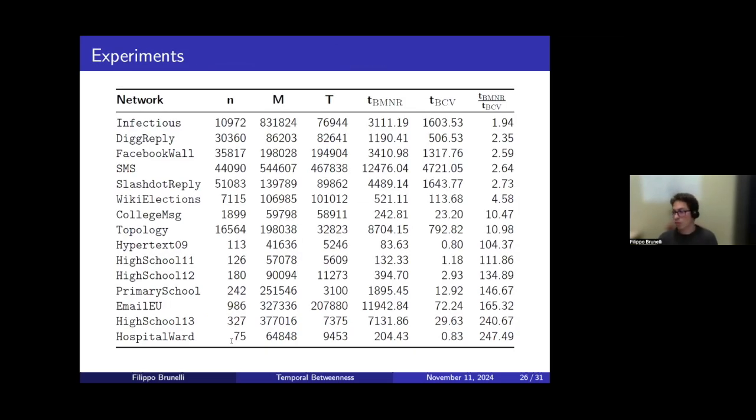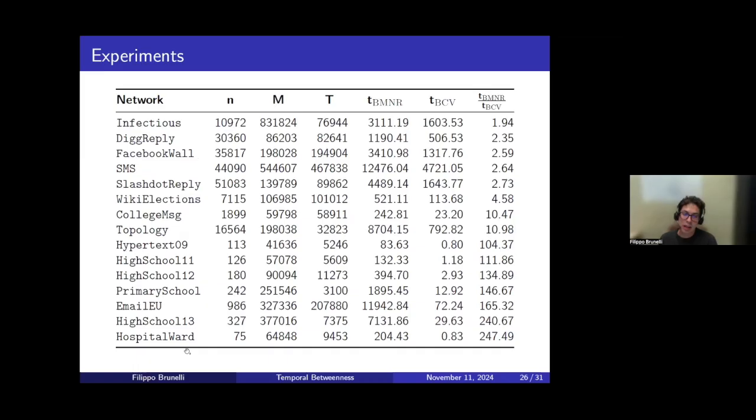So we can maybe now move to the experiment part. In this first part, we consider several temporal graphs. Here n is the number of vertices, m is the number of temporal edges, and capital T is the number of distinct time events. We are comparing ourselves with the previous algorithm in the literature, the one from KDD 2020.